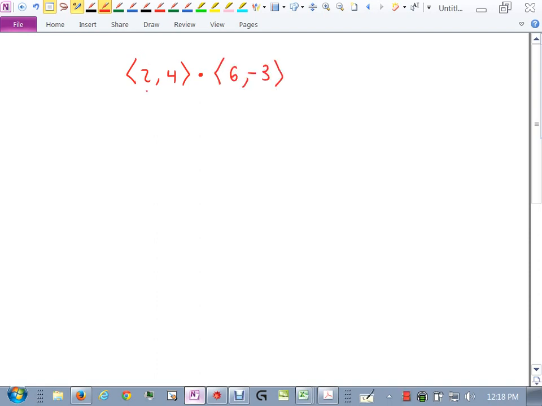When I dot, I multiply these two, which is 12. I add to that these two multiplied, which is -12. What's that? 0. Did I write down the problem correctly? Okay. So are they orthogonal or not? Yes, they are orthogonal.